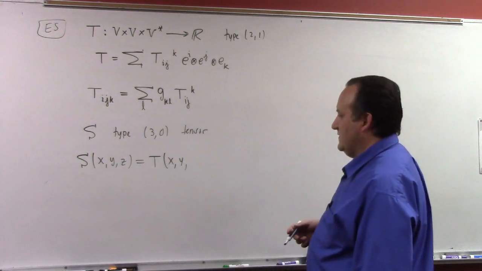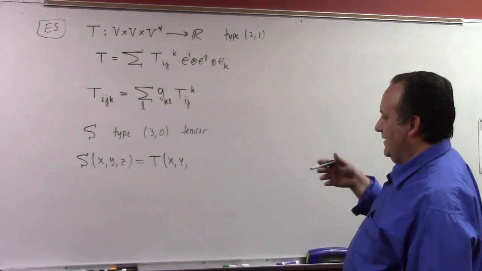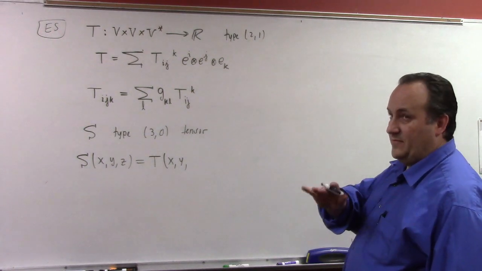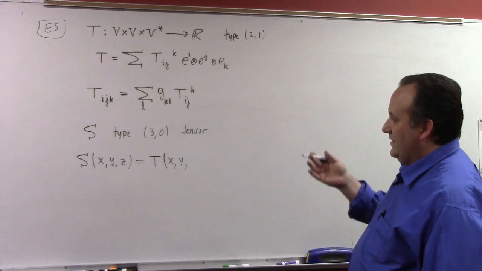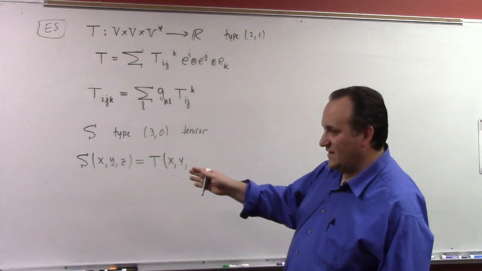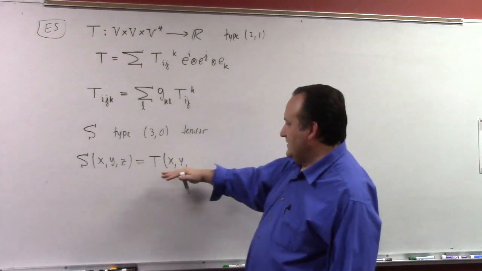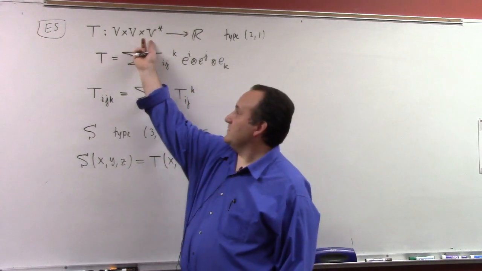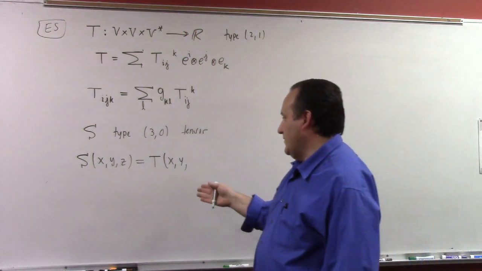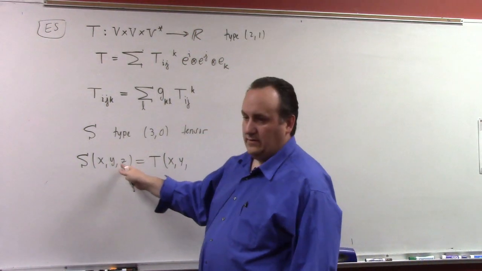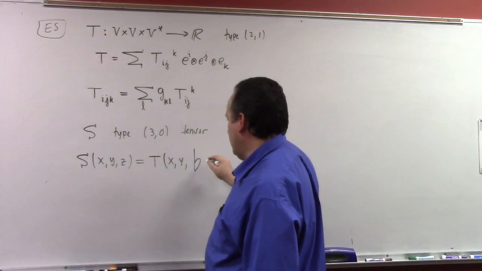But I bet, and I'm just conjecturing here, Ernesto, I want to convert z into a, what does T act on? T acts on pairs of vectors with a dual vector, right? So if I want to convert a vector to a dual vector, I do one of those guys, right?